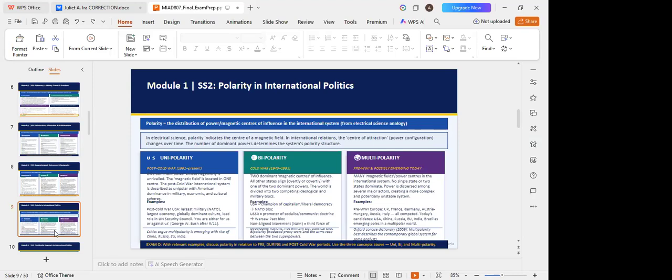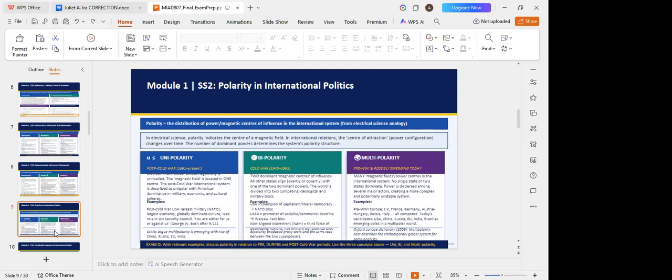So in the international system, how power is being distributed is on three motifs: unipolarity, bipolarity, and multipolarity. Understand? So when we say unipolarity, there is one supreme power that controls the international system.